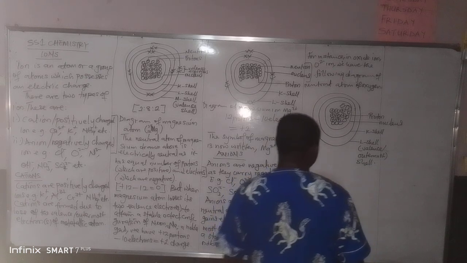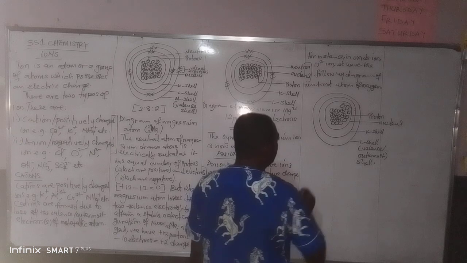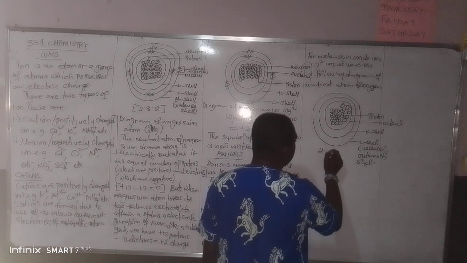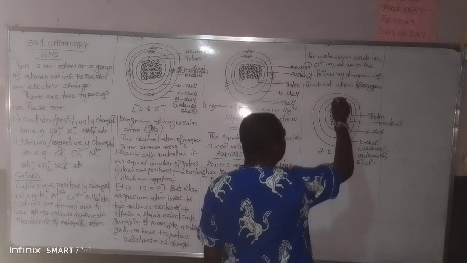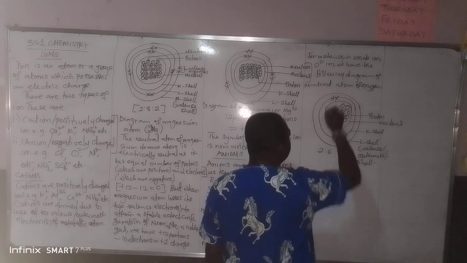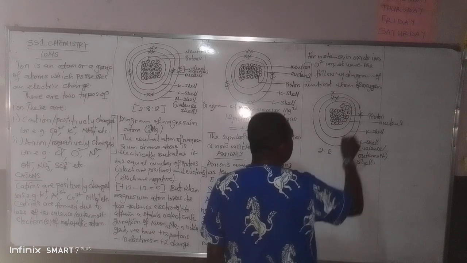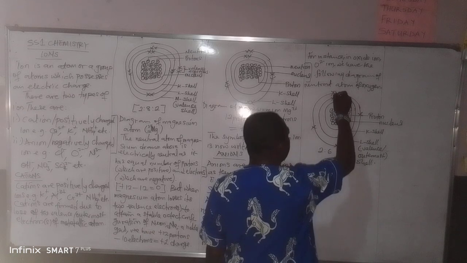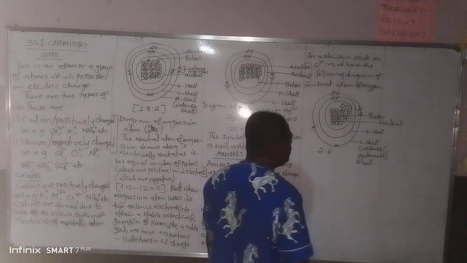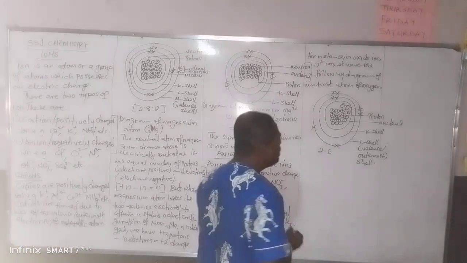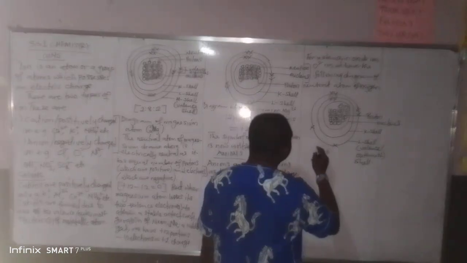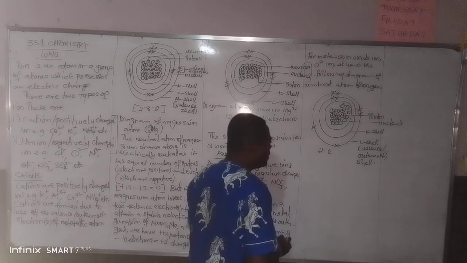Now don't forget that the electronic configuration of oxygen is 2:6. So because of that, we are going to have 2, then 6 electrons. So this atom above is electrically neutral.